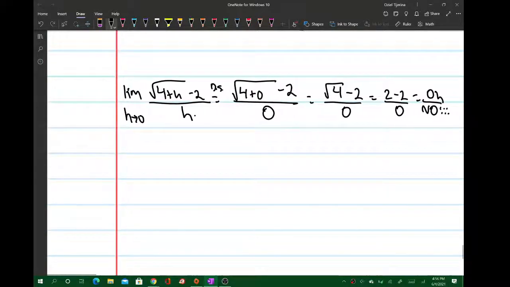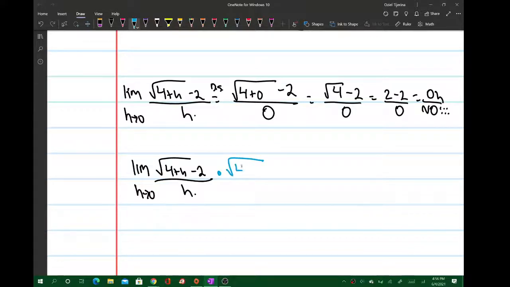So then let's do what we did in the last problem, the limit as h approaches 0 of the square root of 4 plus h minus 2 over h. We're going to multiply by the conjugate, the square root of 4 plus h plus 2 over the square root of 4 plus h plus 2.